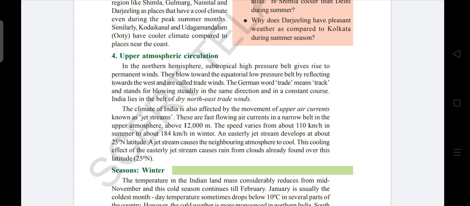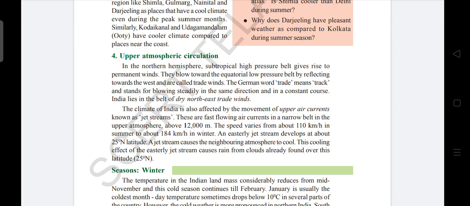So here what they are telling is, in the northern hemisphere, the subtropical high pressure belt gives rise to permanent winds, and they blow towards the equatorial low pressure belt by reflecting towards the west and are called trade winds.